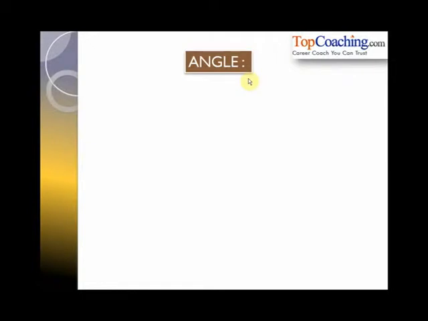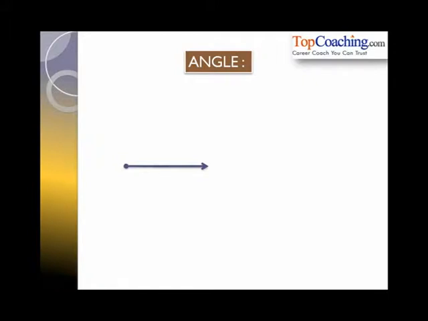Now before we go deep into trigonometry, it's important to understand what we mean by an angle. Let us say that this is a ray. Ray has an endpoint and it goes on indefinitely in one direction. So let us say that this is a ray and this is the initial point.